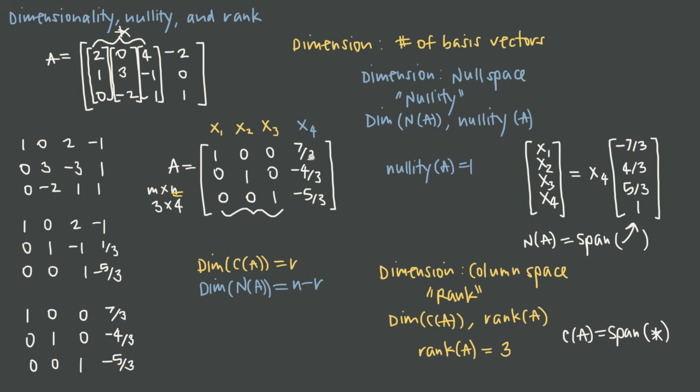Because if I say there's 4 columns in the matrix, 3 of them are pivot columns such that the rank is 3, then I know that the nullity is simply the number of columns 4 minus the rank 3, or 1. So that is the dimensionality of a vector space, and more specifically, the dimension of the null space, the nullity, and the dimension of the column space, or the rank.